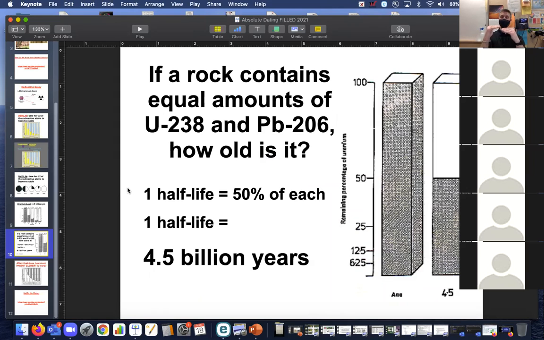Since they're equal, they're 50-50, they're half, that means that the sample is 4.5 billion years, because that's the half-life of it. So the only time that you could have equal parts uranium and equal parts lead is right at the half-life. Now, if there was more uranium than lead, it would be less than 4.5. If there was more lead than uranium, then it would be older than 4.5.